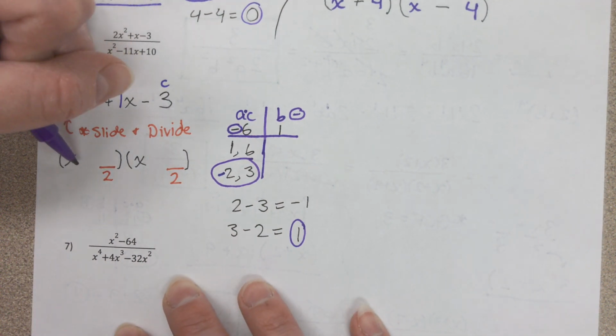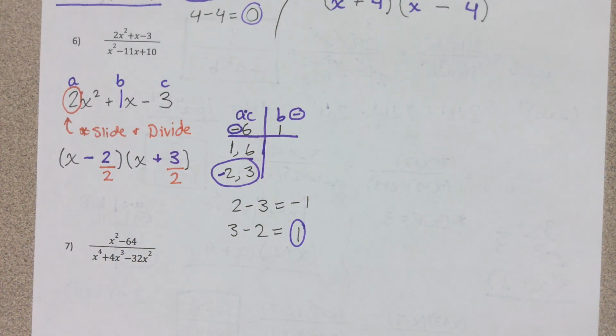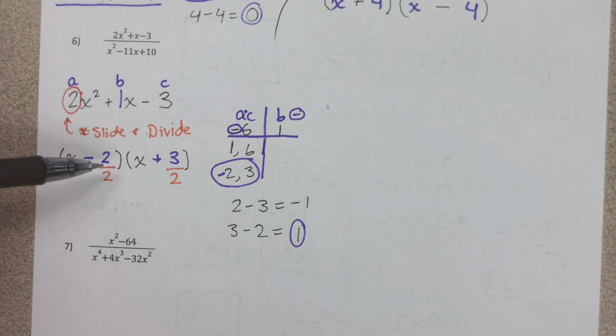Now I can fill these in. X minus 2, x plus 3. Next I'll do slide and divide, which I've already set up, so I wouldn't forget it at this step. 2 over 2, that divides nicely, so I can just divide it.